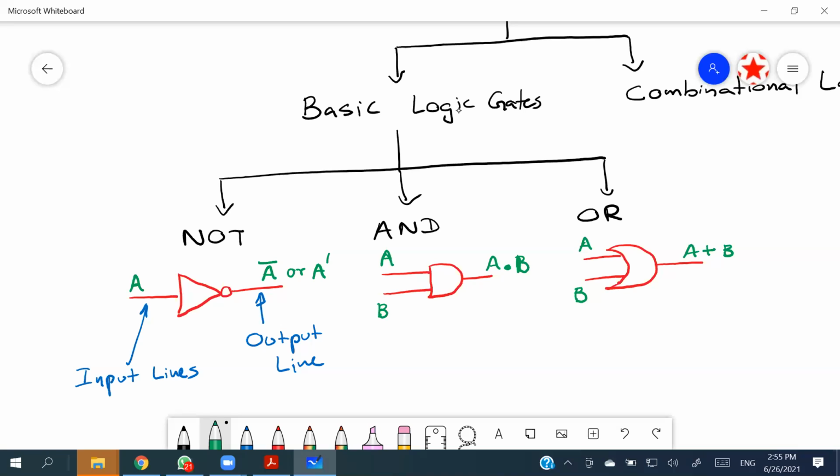As I told you, it is called Boolean because it is working with ones and zeros, in other words, the values of true and false. And OR is considered Boolean addition. What is this A bar or A dash? We call it the complement.